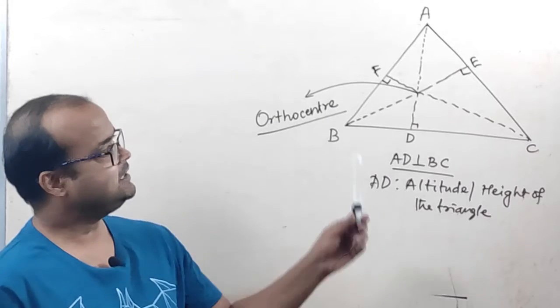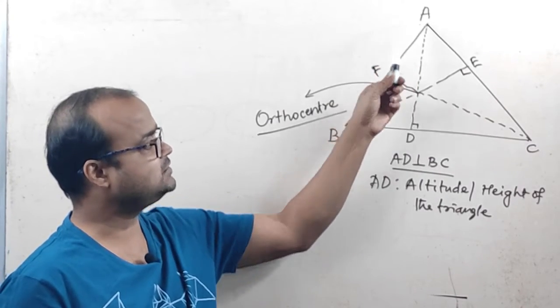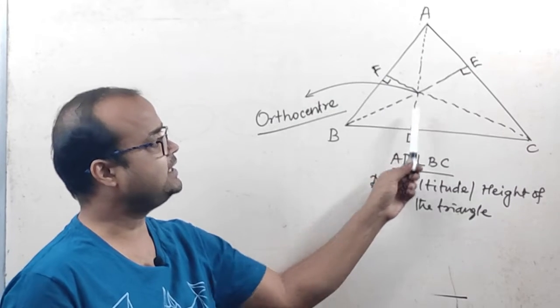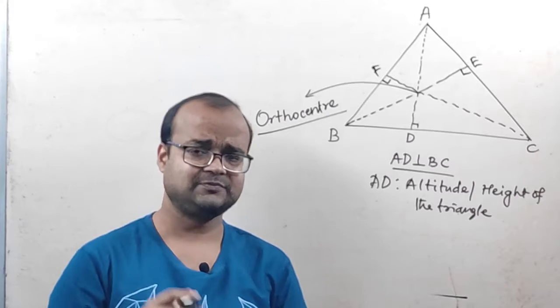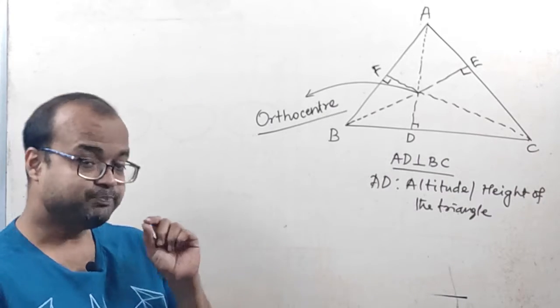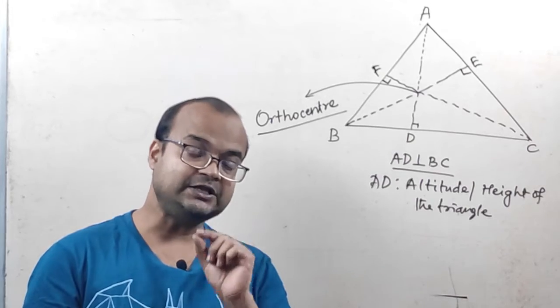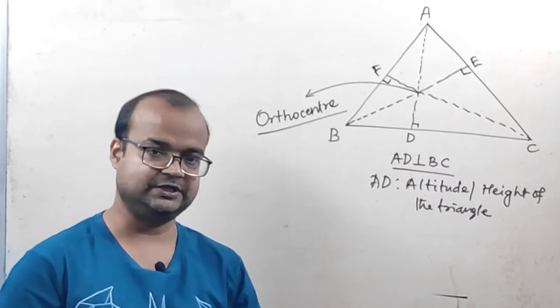Just a recap, if a perpendicular line is drawn from a vertex to its opposite side, then the line segment is called an altitude. A triangle has three altitudes and the point where all the altitudes intersect each other is called its orthocenter.